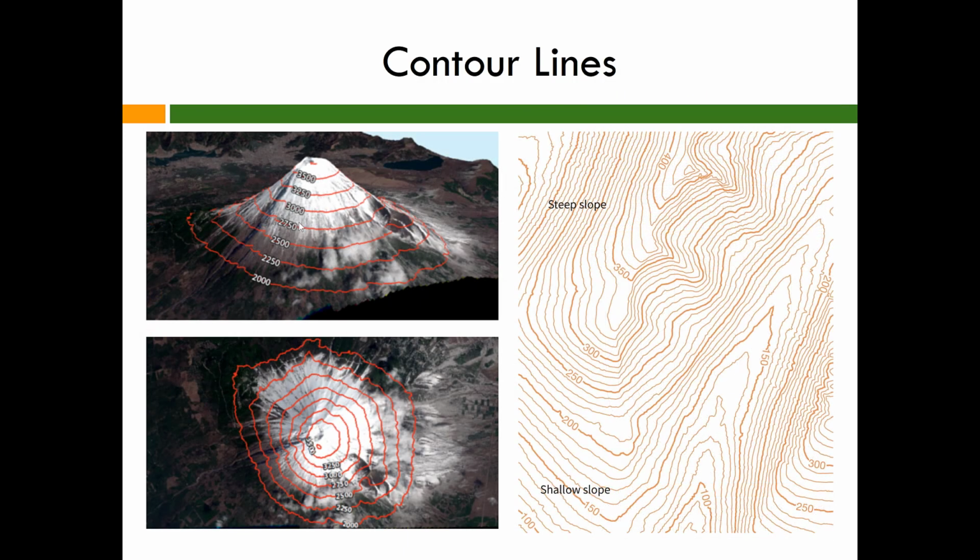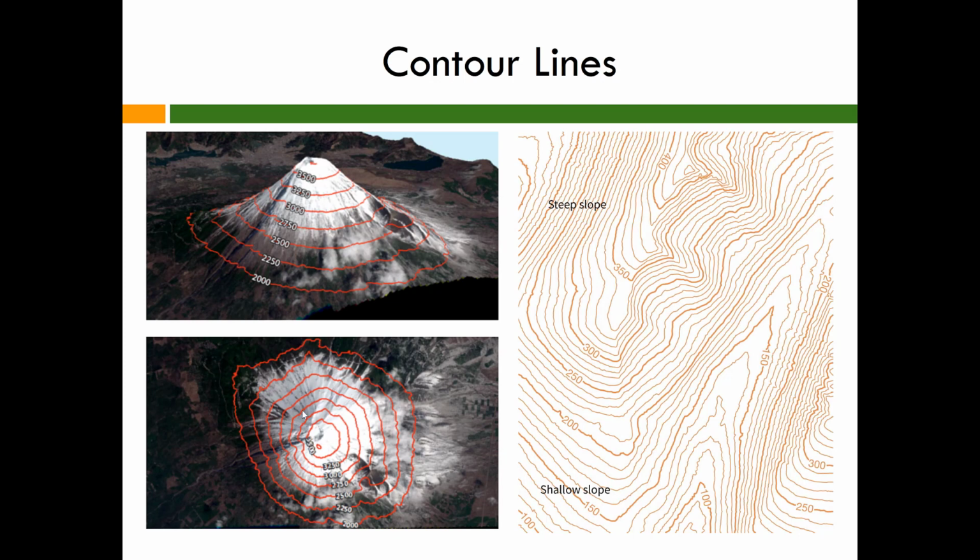The shape of those contour lines, when you flatten them, can also tell the shape of the mountain. For example, a beautiful volcanic cone: volcanoes are cone shaped, and when you draw the contour lines on your mountain, flatten it, and see it from the top, they share the same center.